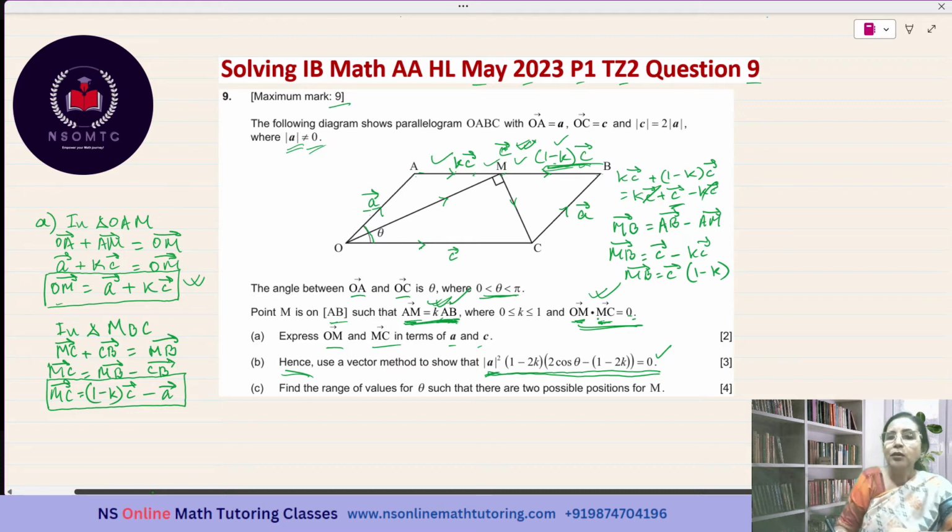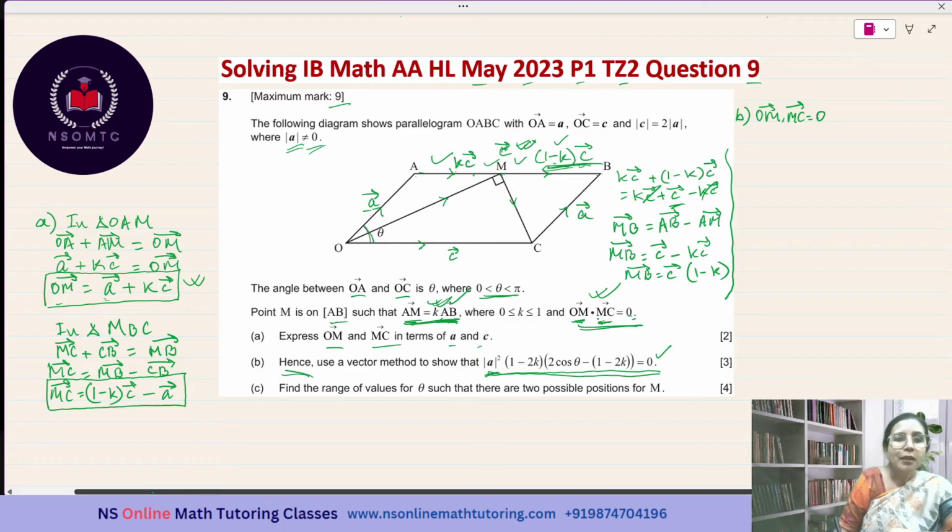So subpart B, OM vector dot MC vector is equal to 0. And now we will be writing the expressions for the OM vector and the MC vector.